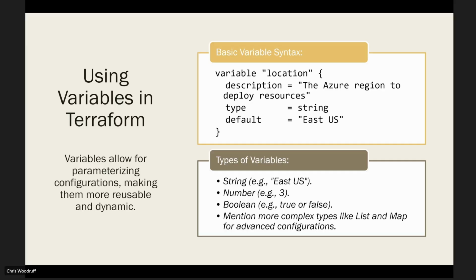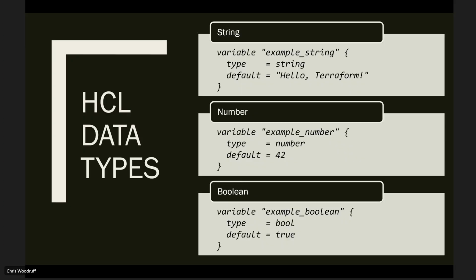And you can do more complex types like lists and maps for more advanced configurations. We'll take a look at examples of a list and a map in a little bit. These are just different ways that you can do a string, a number, and a Boolean. They all follow the same kind of format.